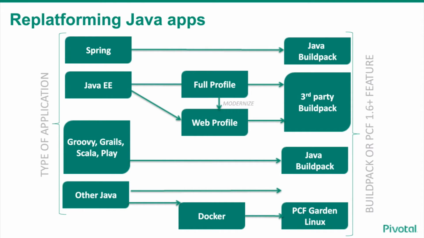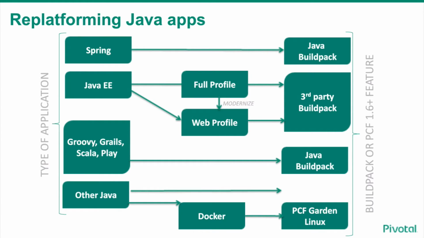And there's some community build packs that can help you, but again, they don't ship with Pivotal Cloud Foundry, and they're not supported per se, but Cloud Foundry can work with any Heroku compatible build pack. Basically any kind of Java can be supported. The Groovy, Grails, Scala, Play, all supported by the Java build pack.